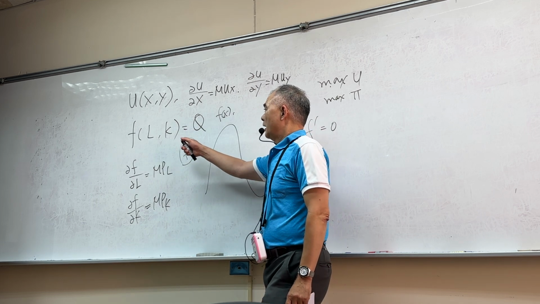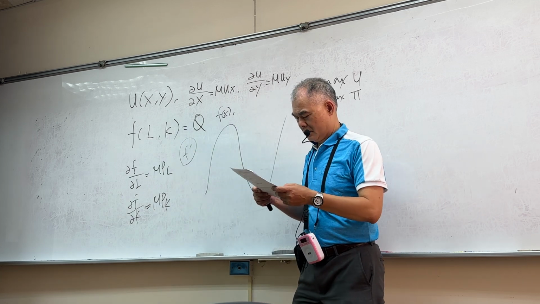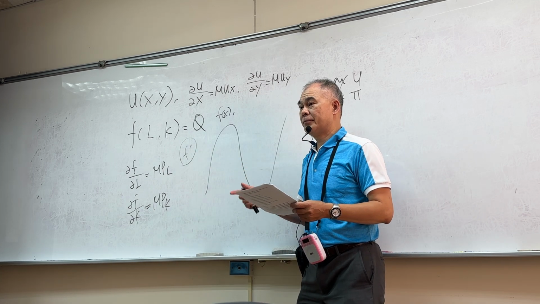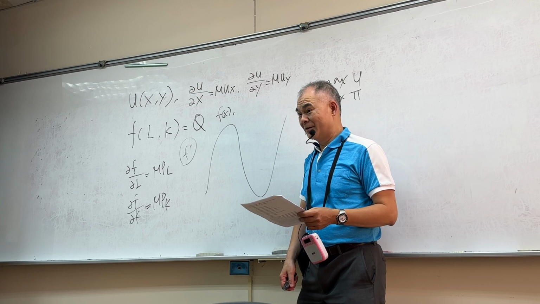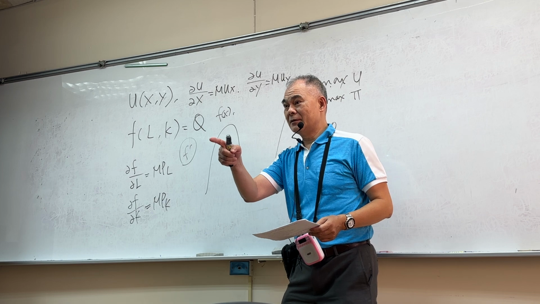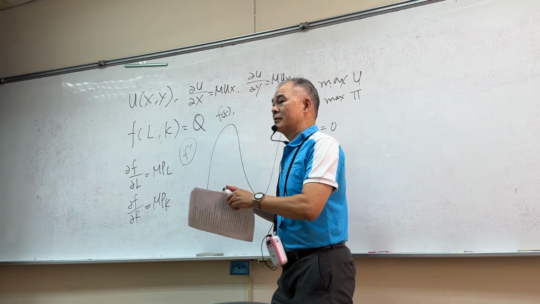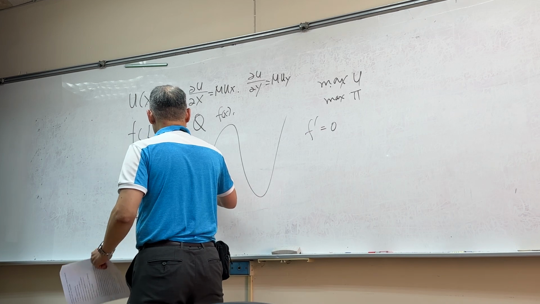F prime. F is the function, right? What is F prime? Wang Weixin, what is F prime? Exactly. Slope, right? This is slope. Okay, very good. Excellent. So this is slope.